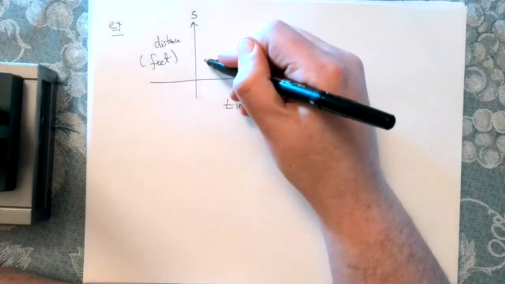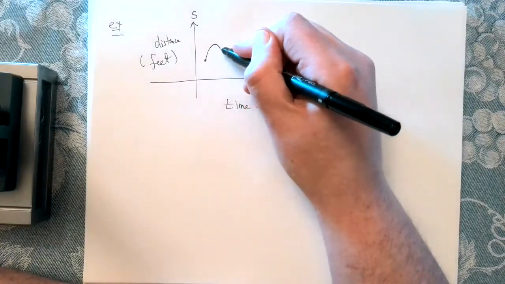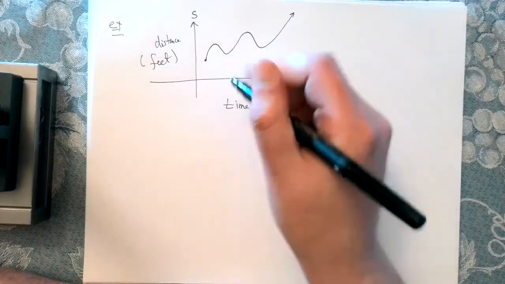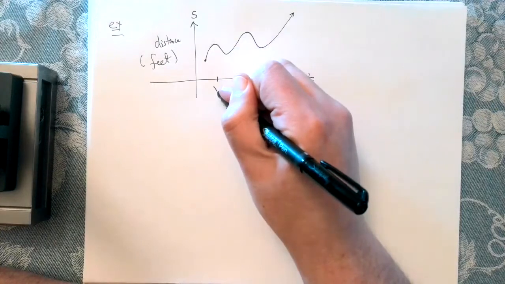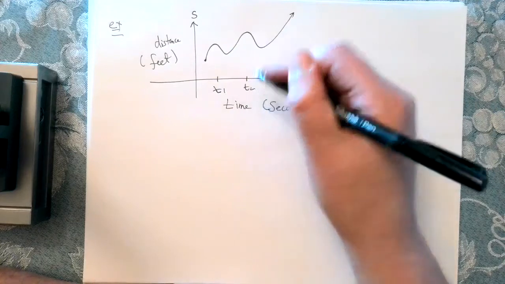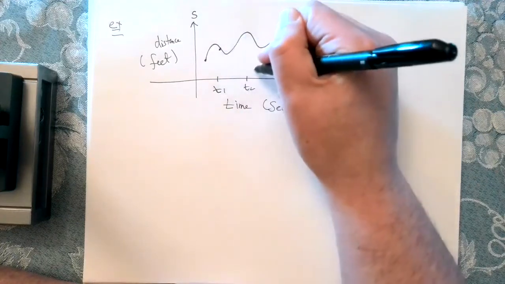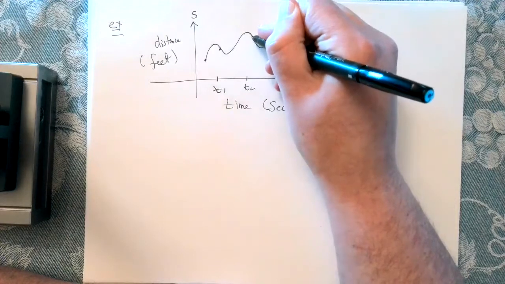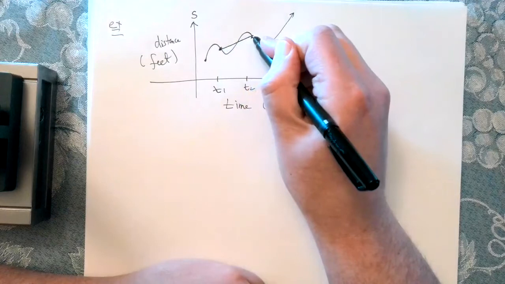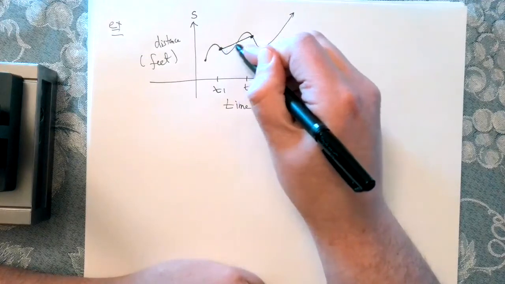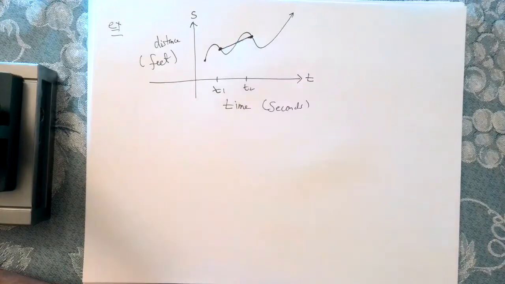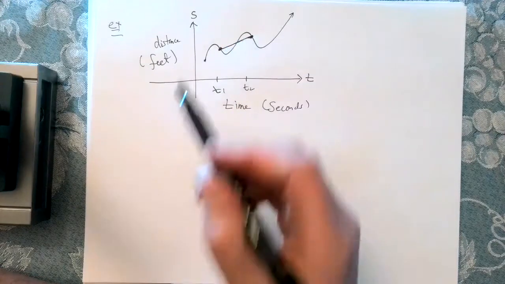And let's say I've got some function here. Here is t1, and here is t2. And say here's the secant line, the line that connects the 2 points. Well, the slope of this would give you your average speed, right? Feet per second.